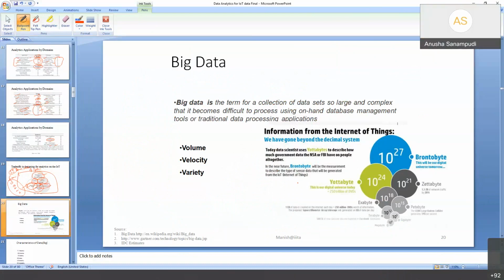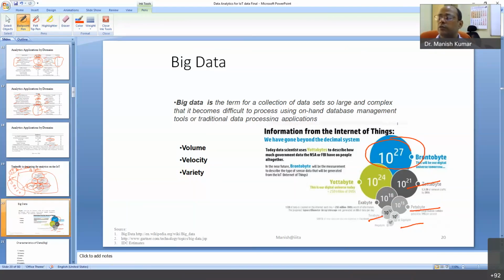You know that as far as big data is concerned, we were talking about gigabytes, terabytes, or petabytes, which is 10 to the power 9, 12, 15 and so on. These days there are so many applications which talk about gigabytes, and there are a few applications where we are talking about brontobytes, and in the very near future we'll be talking about more than that as well.